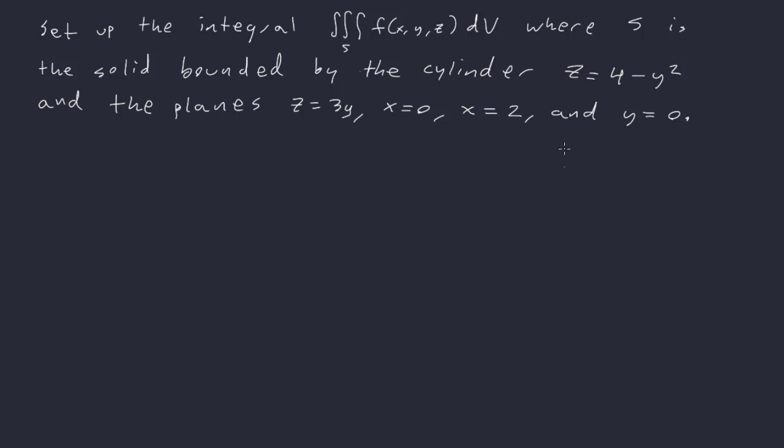So if we're talking about the cylinder z equals 4 minus y squared, if we were to graph that on, let's say, the yz axis, 4 minus y squared is going to look like this.